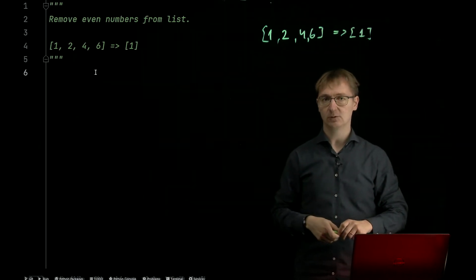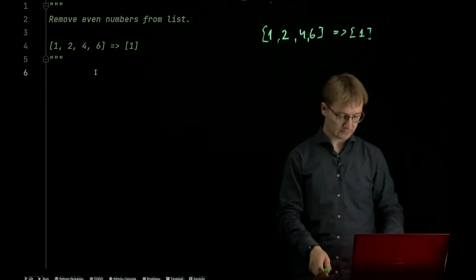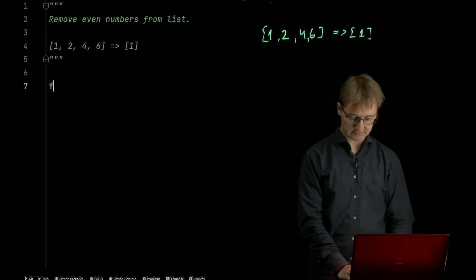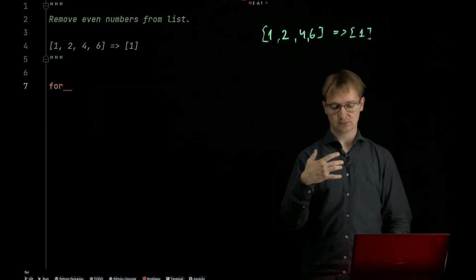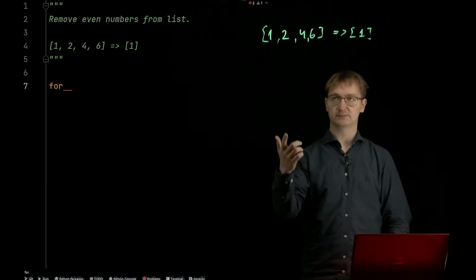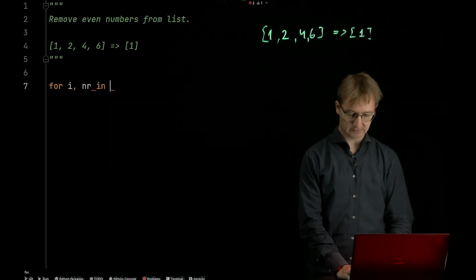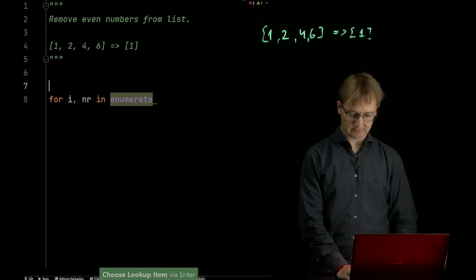And let's see how not to do that. So one way would be to iterate over the list with a for loop, and I use enumerate to get the index or the position and the element itself. For i, number in enumerate, and I don't have the list.